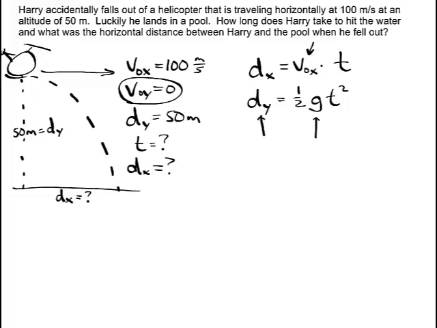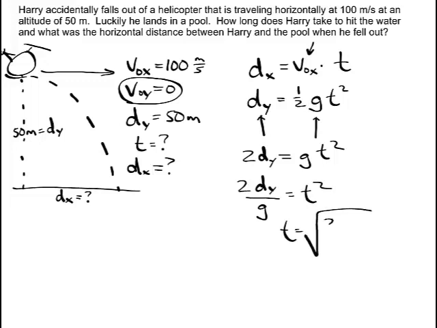I'm going to multiply both sides by 2. Then I'm going to divide both sides by g. And then I'm going to take the square root of both sides, and I'm going to get that t equals the square root of 2 dy over g.